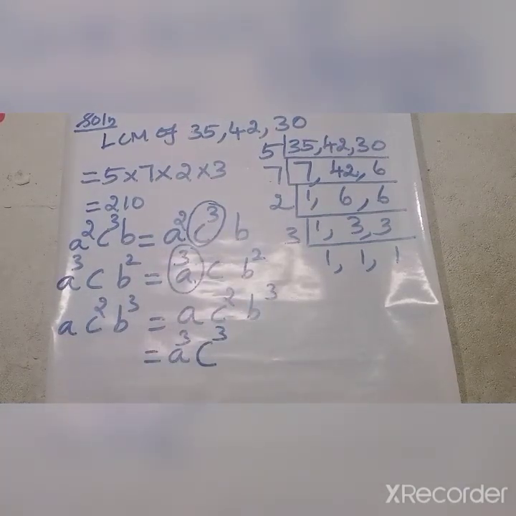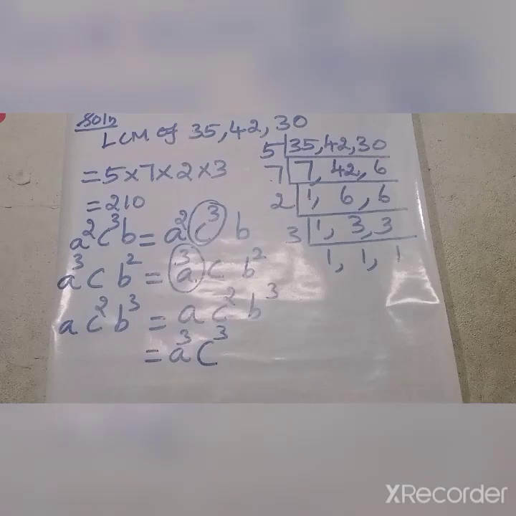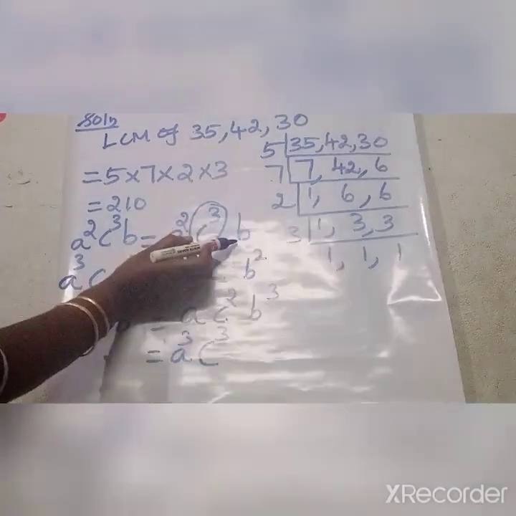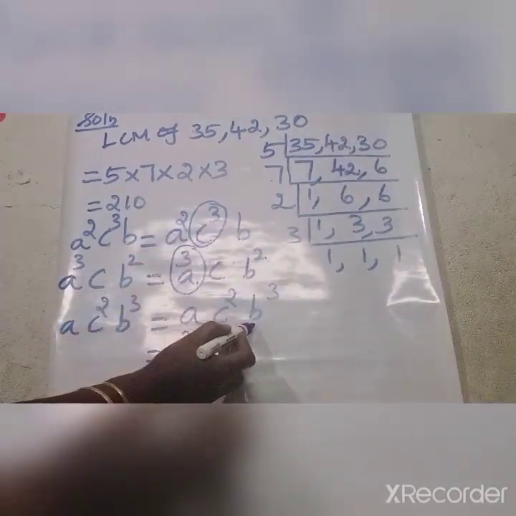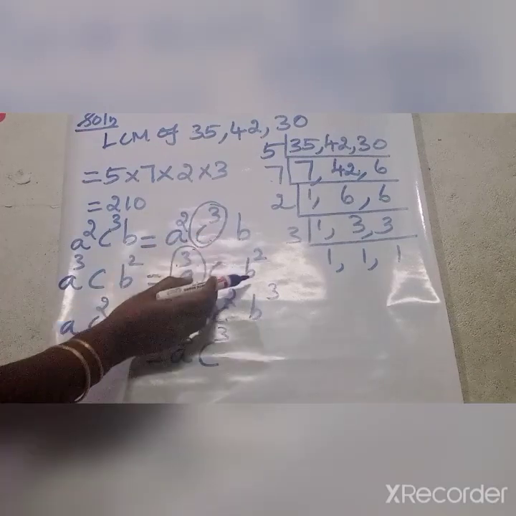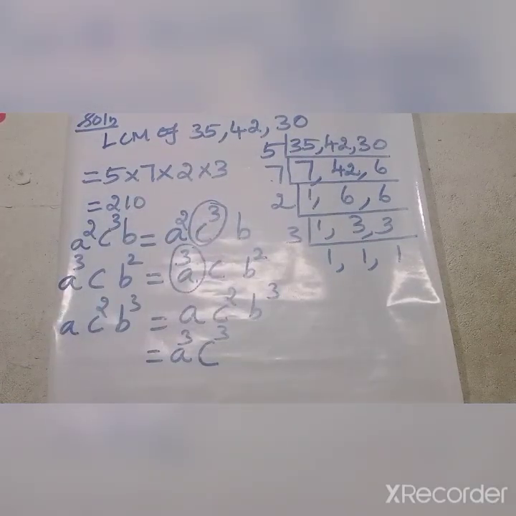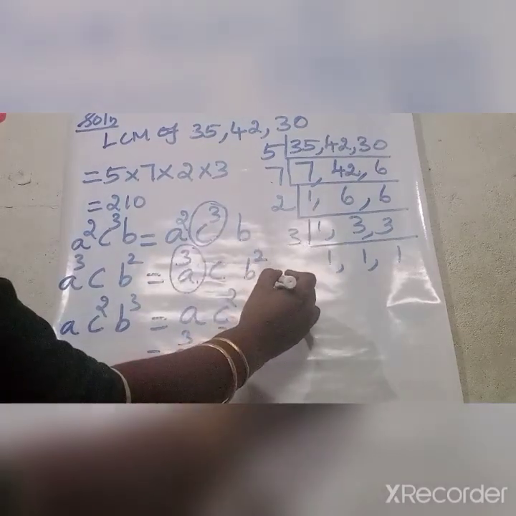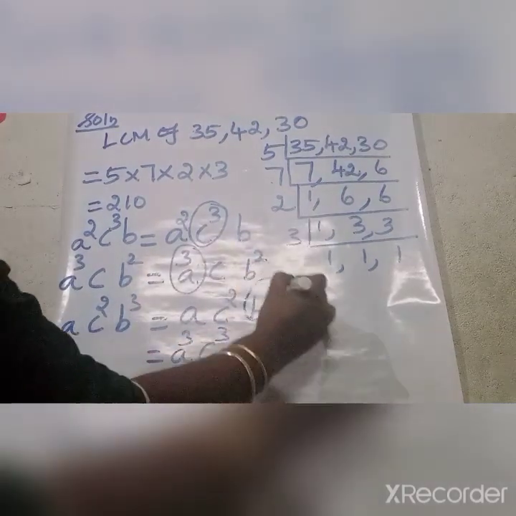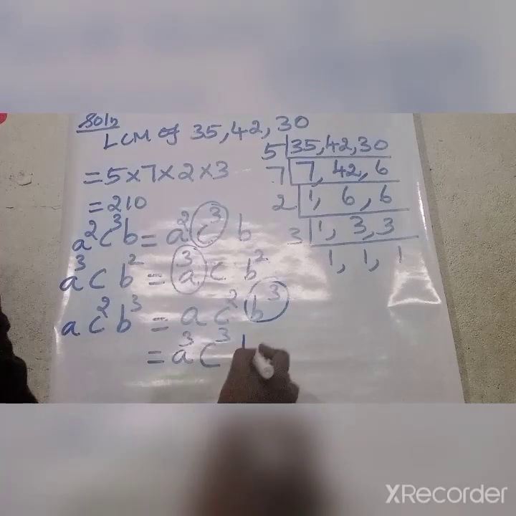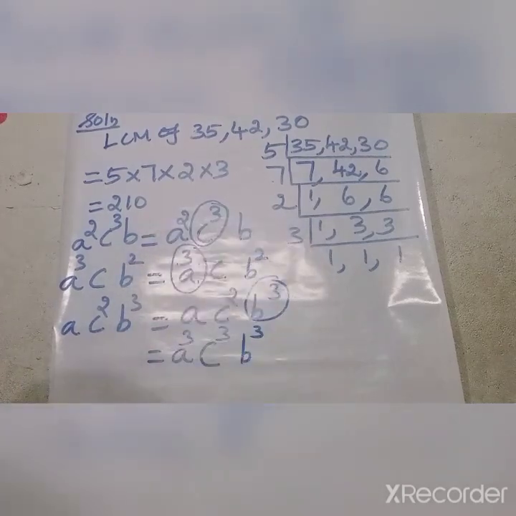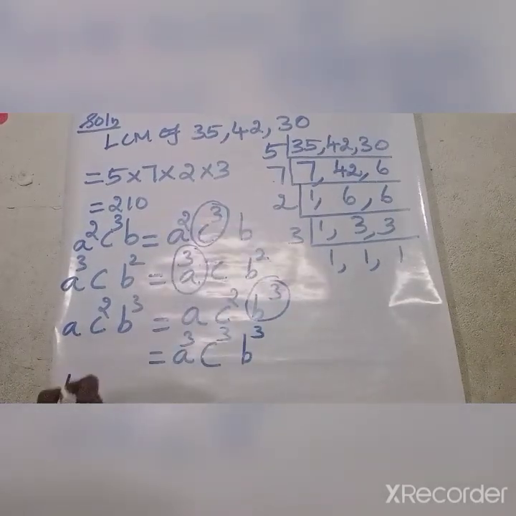Similarly, the b term. b square, b cube, b power 1. Among these 3, which is the highest? b cube is the highest. Now we have to write the LCM of the given expression.